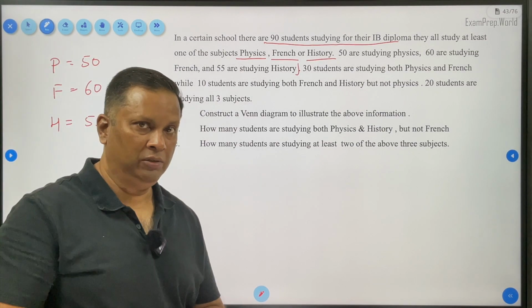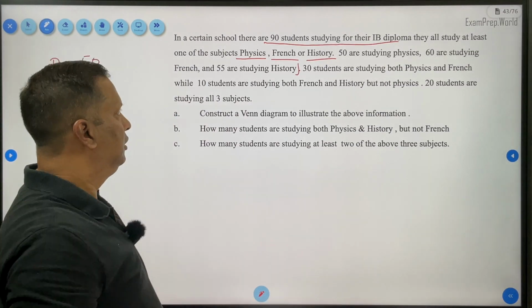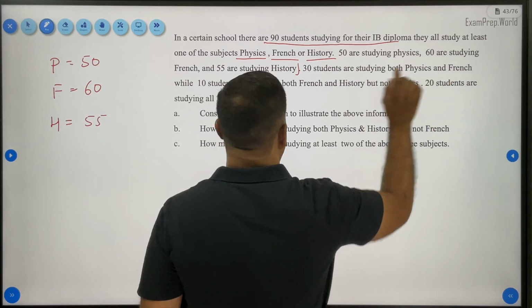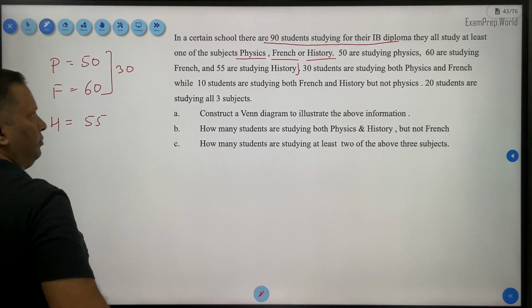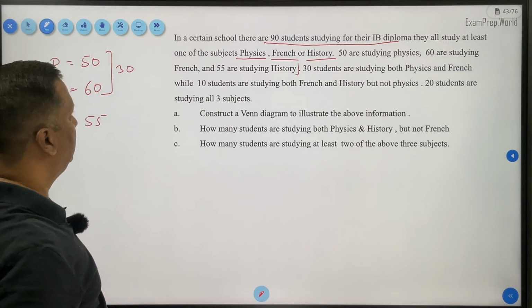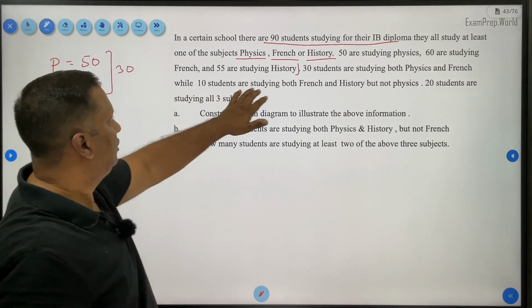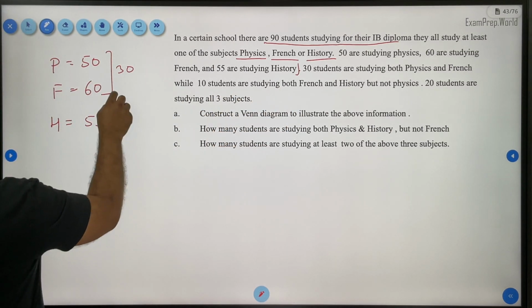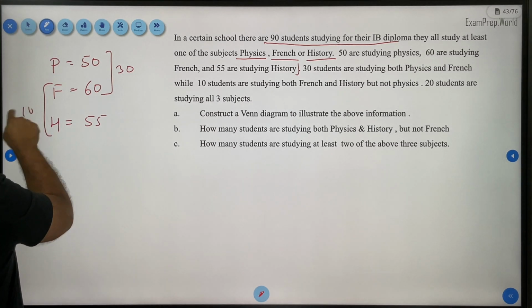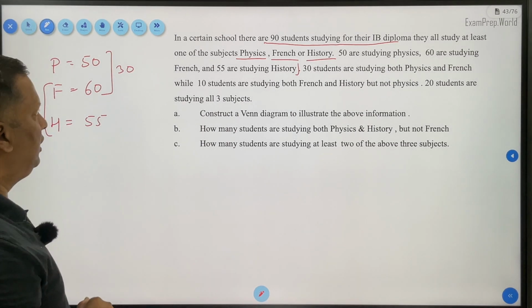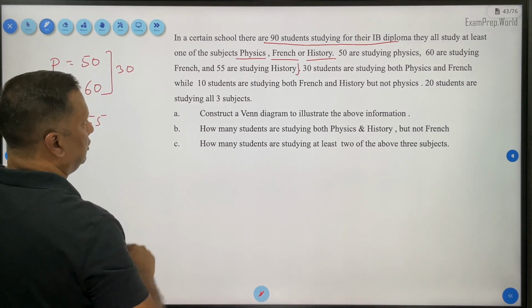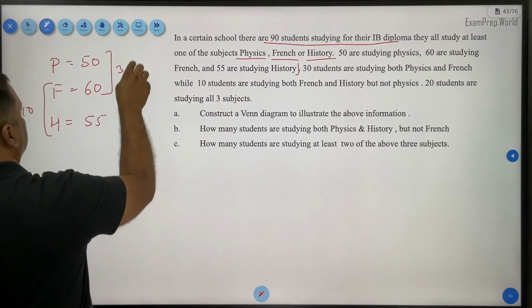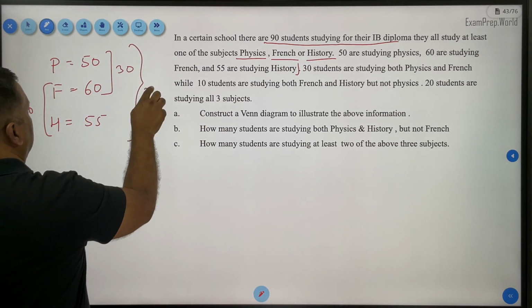Now there will be some data which is common. 30 students are studying physics and French, 30 common. Now 10 students are studying French and history. 20 are studying all 3 subjects, all together 20.